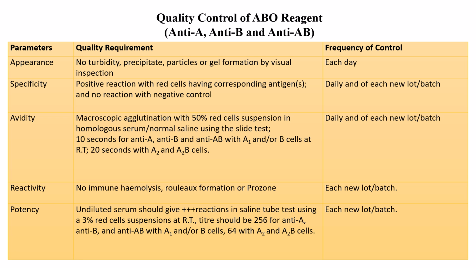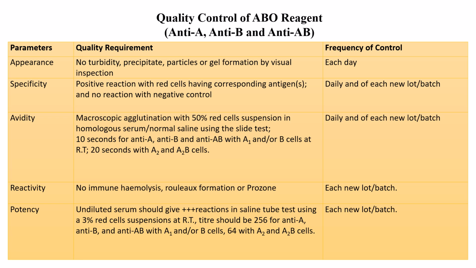Avidity: macroscopic agglutination with 50% red cell suspension in homologous serum or normal saline using the slide test. 10 seconds for anti-A, anti-B and anti-AB with A1 or B cells at room temperature, 20 seconds with A2 and A2B cells.